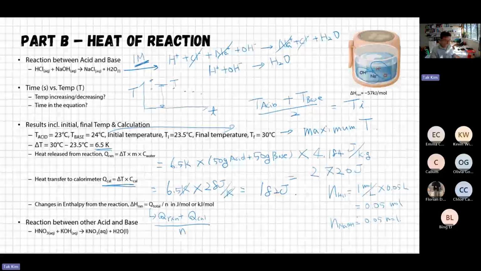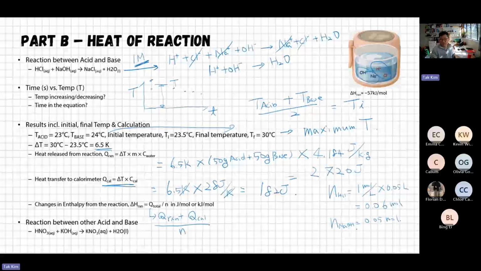If you don't have equal numbers of moles, say you had 0.06 moles of HCl and 0.05 moles of sodium hydroxide, you want to go for the number of moles of your limiting reagent. The limiting reagent is the one with the smaller number of moles.